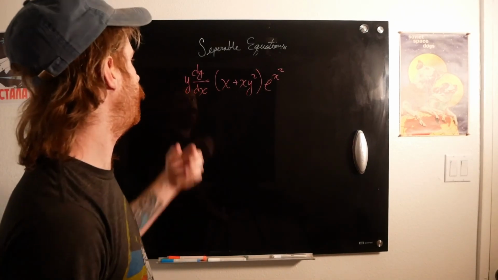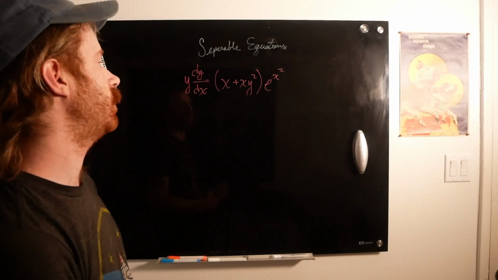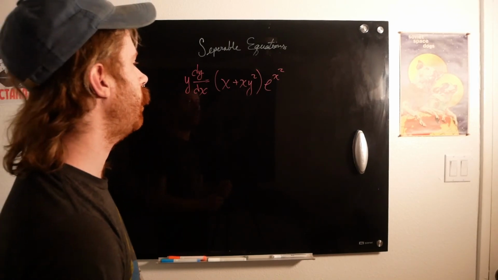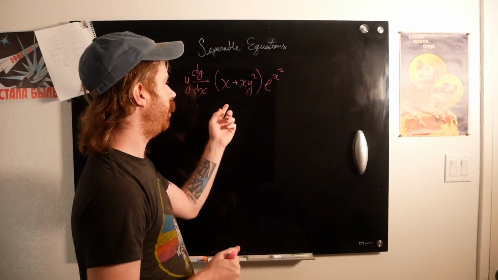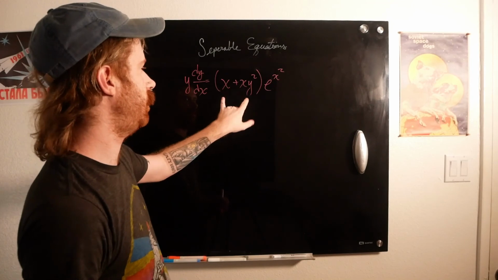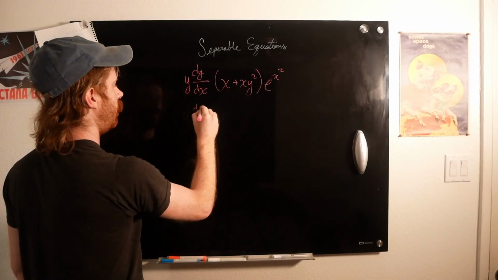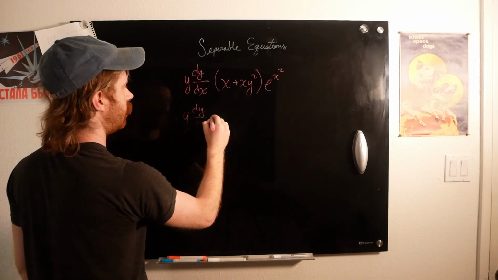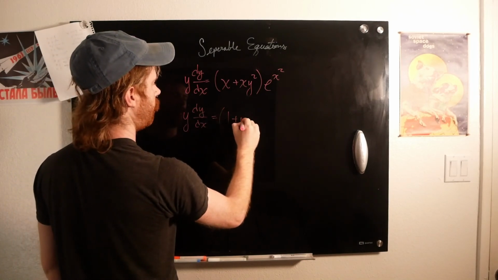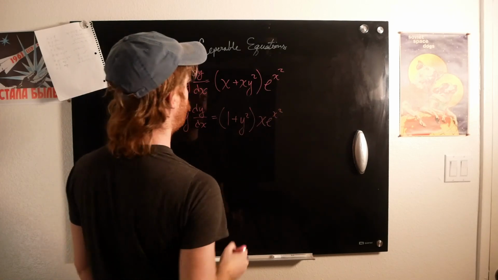We're looking at y times dy over dx equals x plus x y squared times e to the x squared. So what we can do here is factor out an x to get this inside part just in terms of y. So y dy over dx equals 1 plus y squared times x e to the x squared.